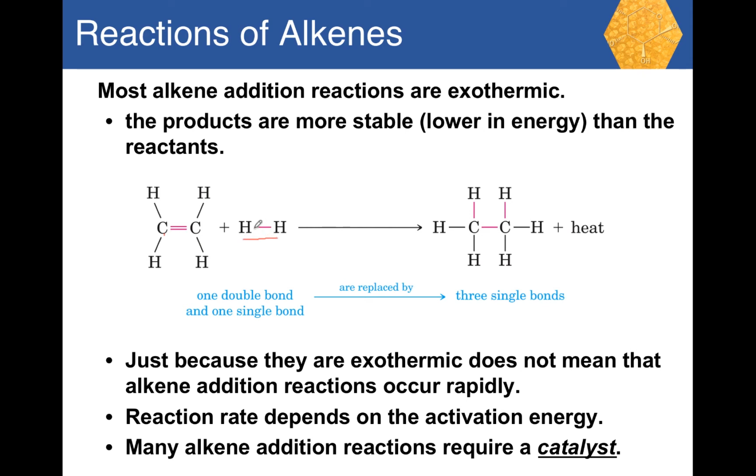Hydrogen gas, as we explained earlier, hydrogen will be added to one carbon of the double bond. The other hydrogen will be added to the other carbon of the double bond. The double bond will disappear to form a single bond. So this is unsaturated and this is saturated, and here is our saturated alkane.